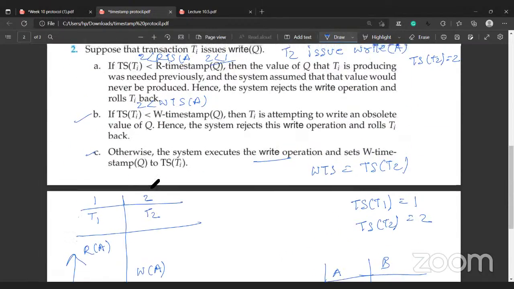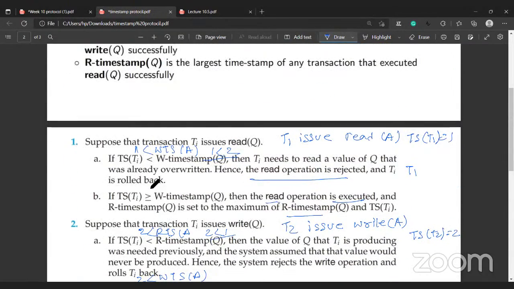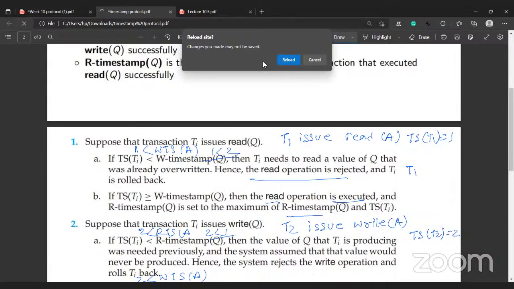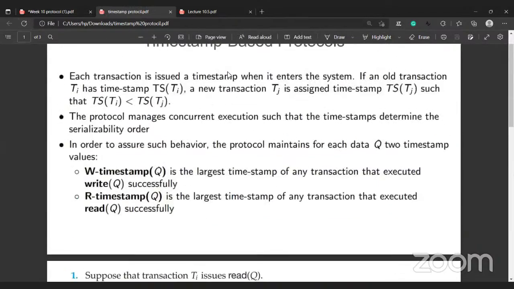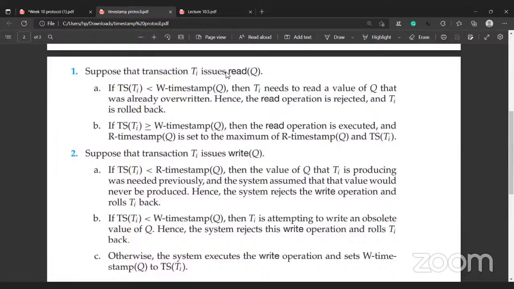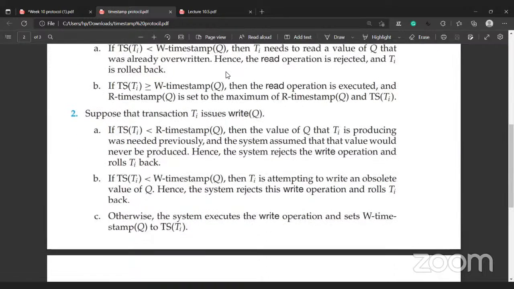And there is one more, the Thomas write rule. In the Thomas write rule, everything is the same, just this condition is changed.